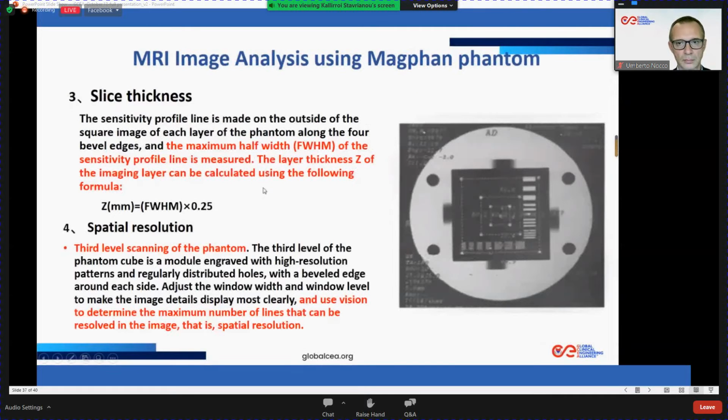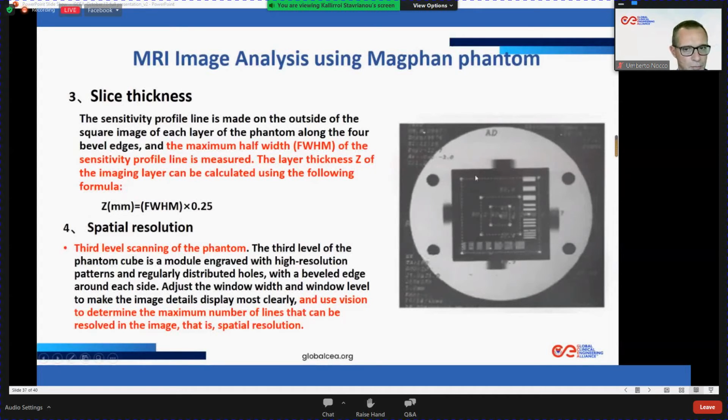The third parameter is slice thickness. The maximum half width of the sensitivity profile line is measured. The slice thickness, Z, of the image layer can be calculated using the formula as follows. And the fourth parameter is spatial resolution.